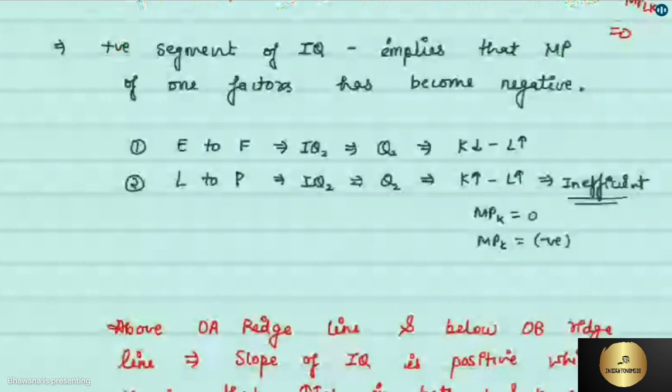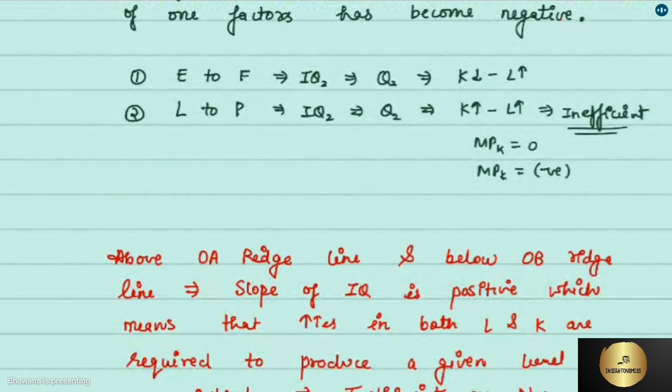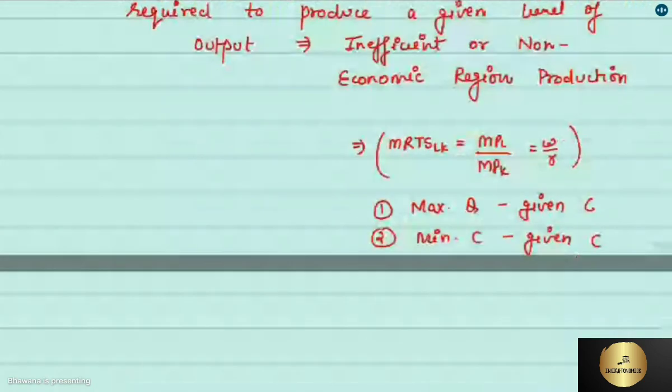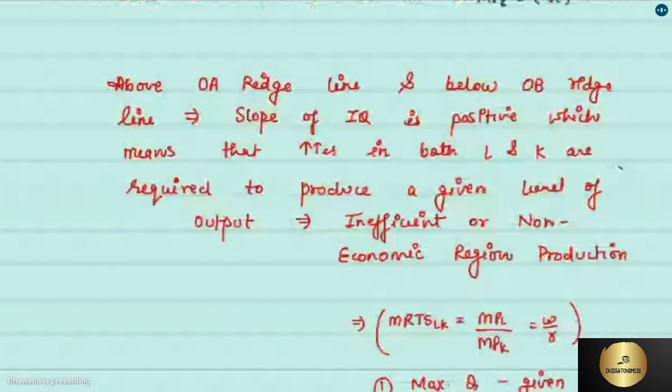So the ridge lines bound the economic area of production, where a producer is either maximizing his or her output for a given level of cost or minimizing his or her cost for a given level of output.